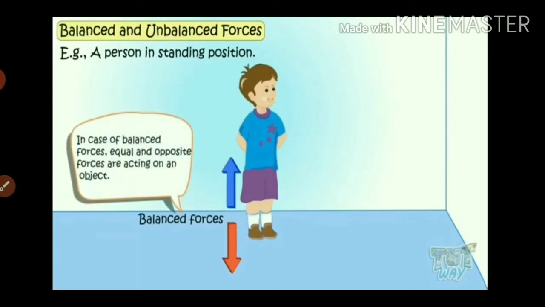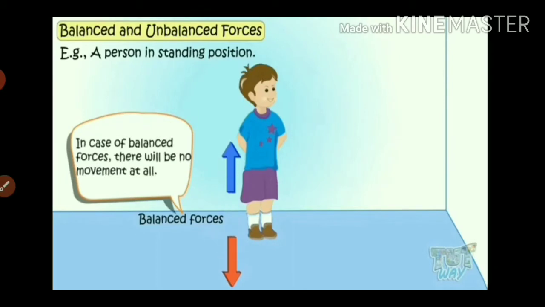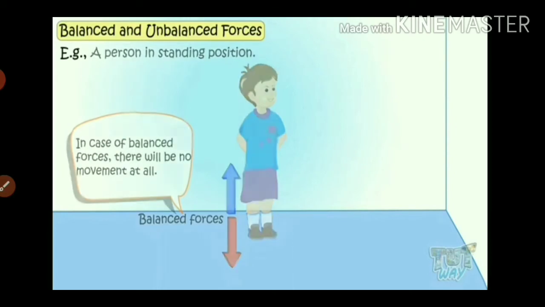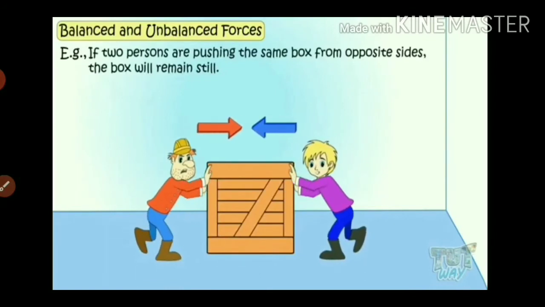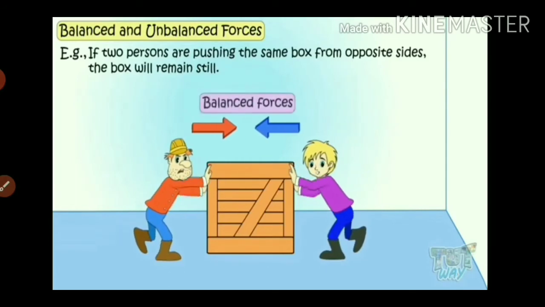So in case of balanced forces, equal forces are acting in opposite directions. In case of balanced forces, there will be no movement at all. If there is an object and two persons are pushing it from opposite sides, the object will stay still if the force acting on both sides is the same, that is, balanced forces are acting on it.